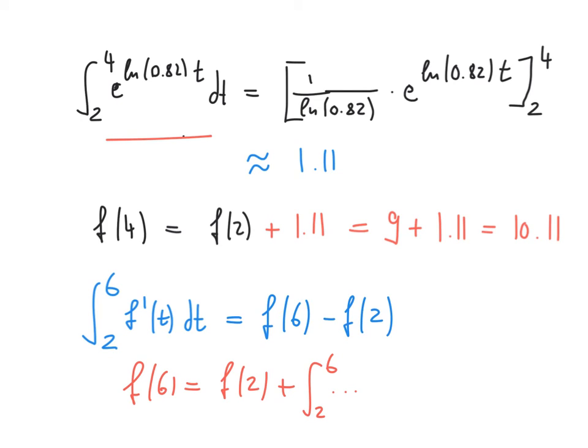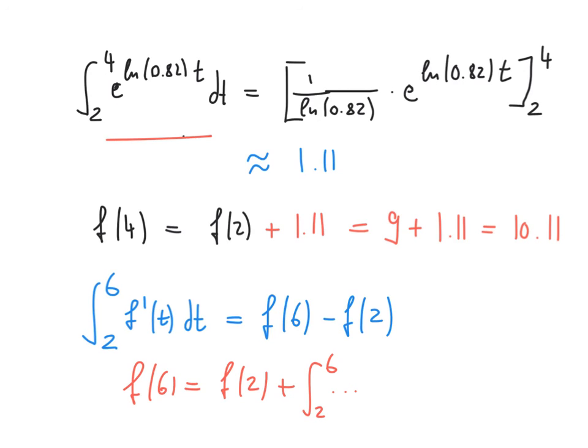Since we now know the value of f of 4, you could also work with 4 here in place of 2, but that's really up to you. It really doesn't matter. If you go with 4 here, you of course would have to subtract f of 4 here. The nice thing now is that we essentially have done all the work already.